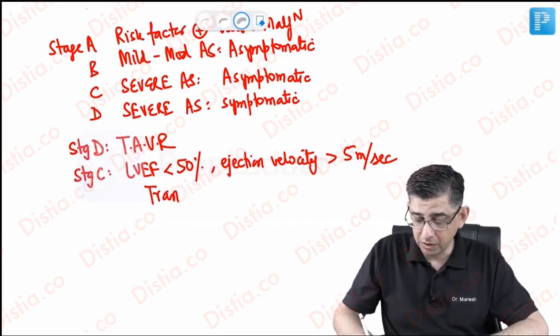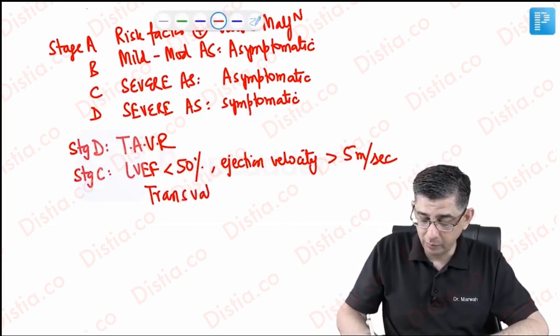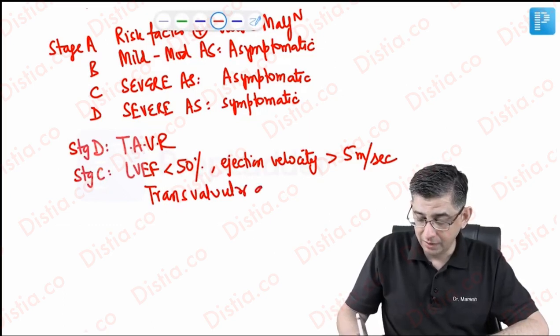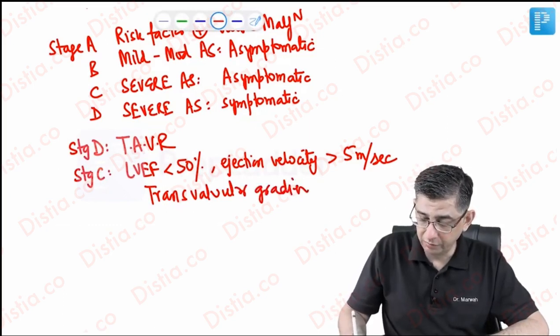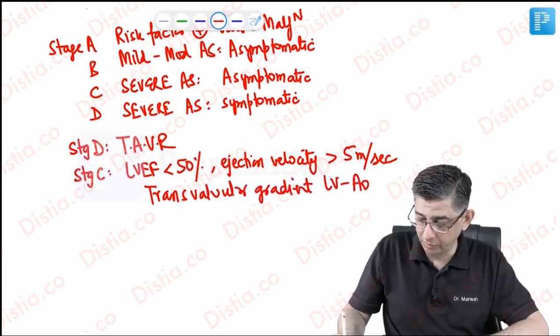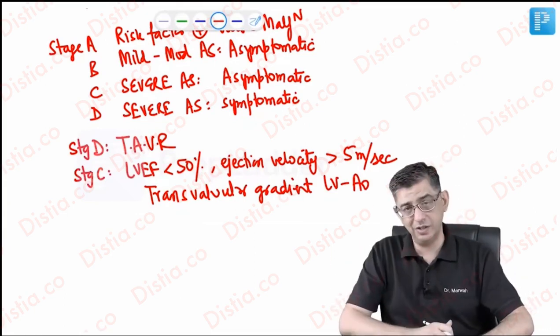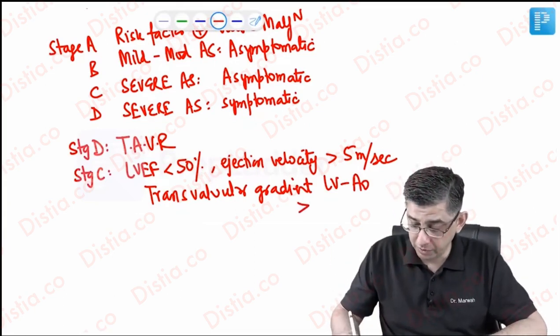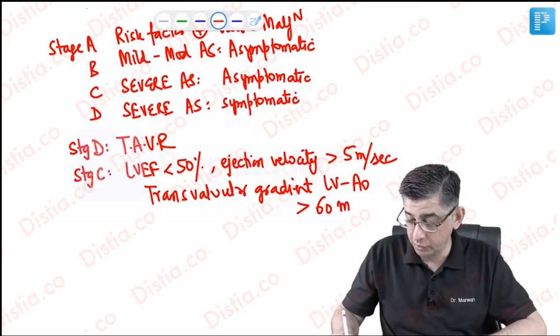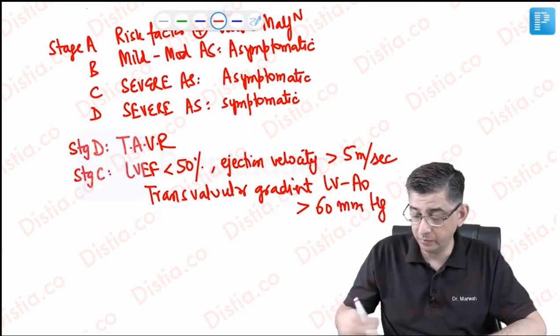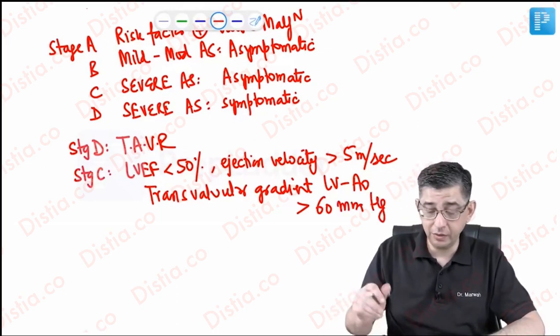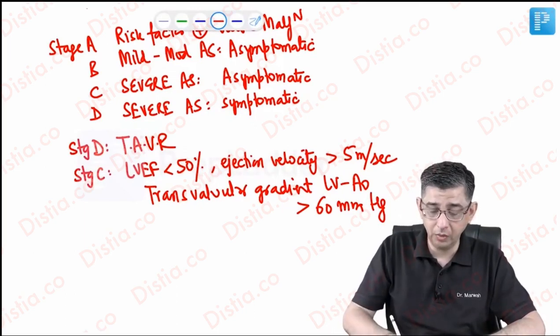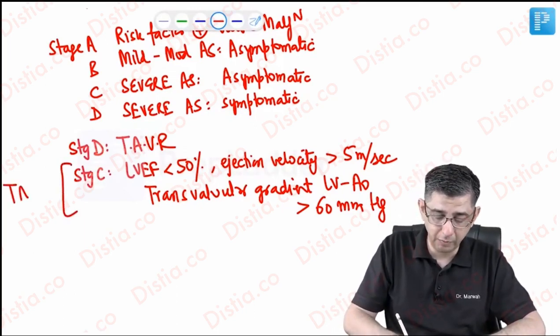What I mean by transvalvular gradient here, and that's important for you to understand, is the pressure difference between the left ventricle minus the aorta, because after all the left ventricle is working against a resistance. So if this LV minus aorta pressure gradient is more than 60 millimeters of mercury, it means this guy also needs to undergo a transcatheter aortic valve replacement.